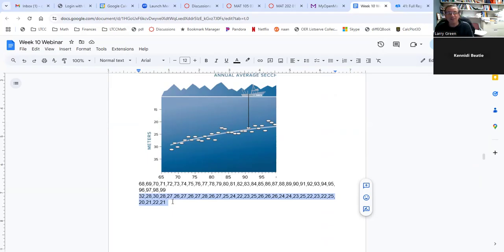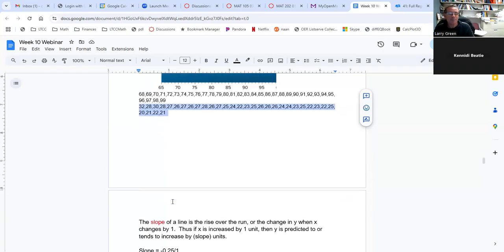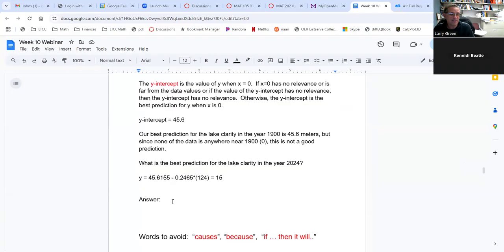Okay, so let me tell you what really happened. Again, this is just a prediction based on the regression analysis. What this says is that if nothing changes, if we just keep letting things happen as they were going prior to the year 2000, then our best prediction for lake clarity would be only 15 meters, which is terrible.